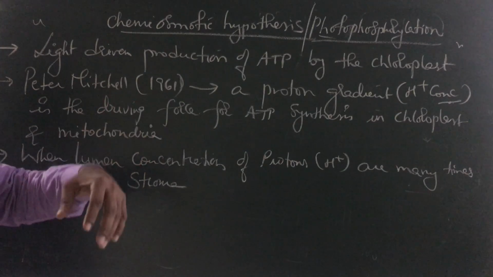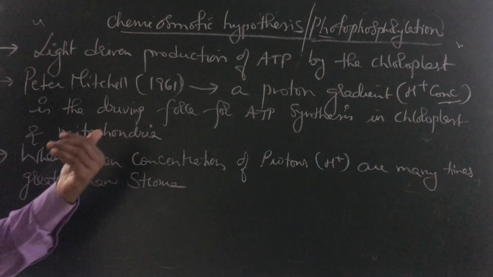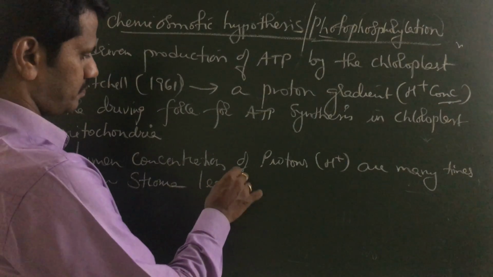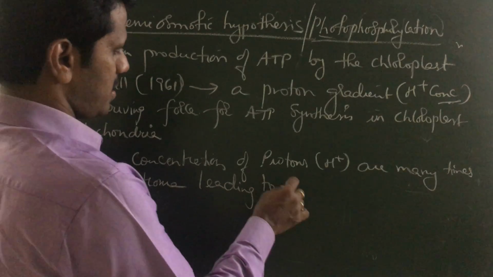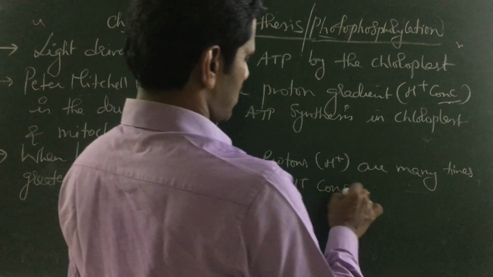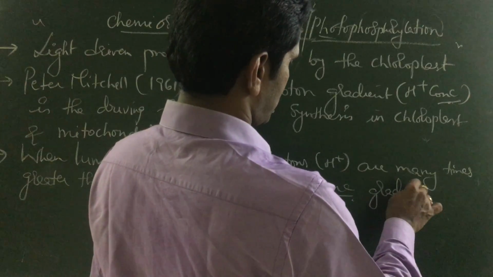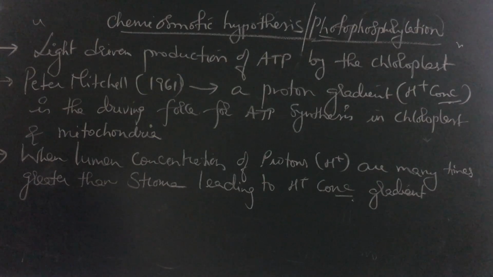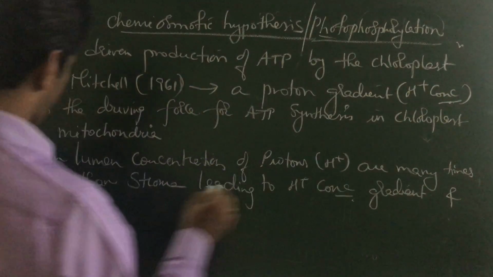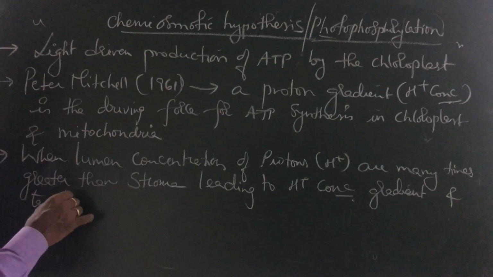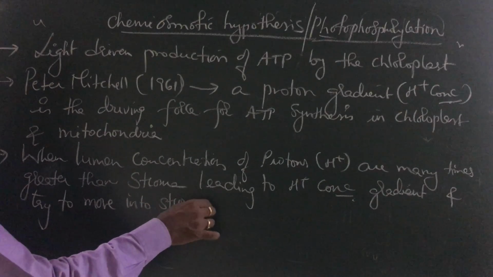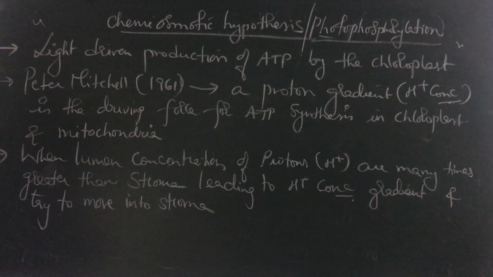The protons and electrons are releasing. The protons will accumulate inside, leading to a proton concentration gradient, and they try to move into the stroma.